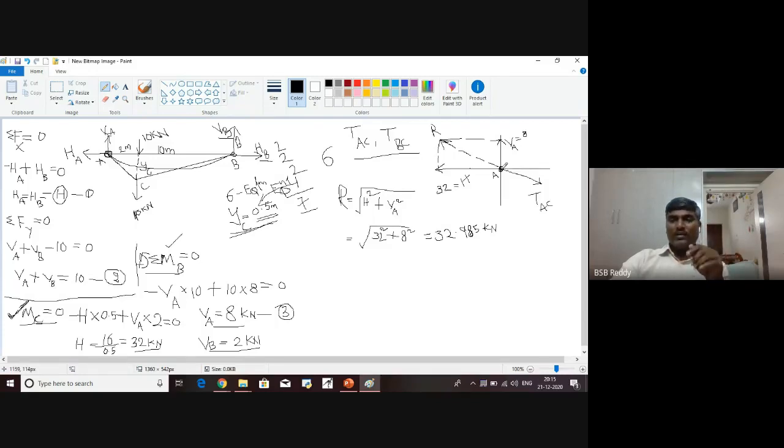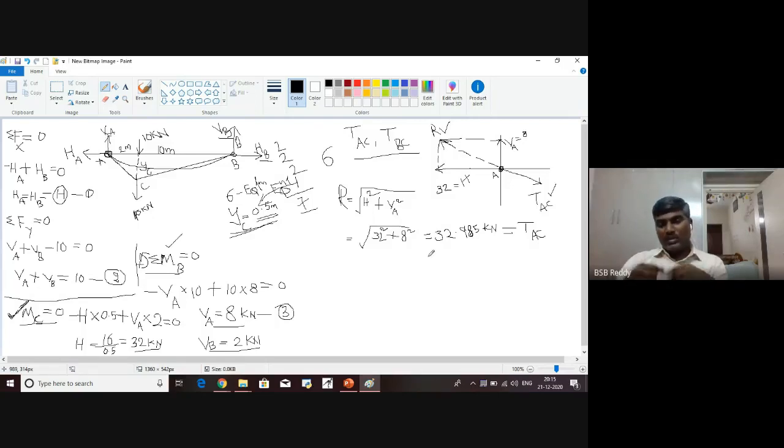That is what is called a collinear system, same line. So you know the R value, and TAC should also be the same. So this is equal to TAC.